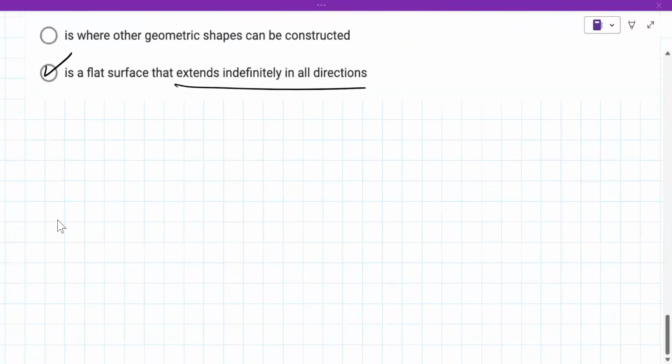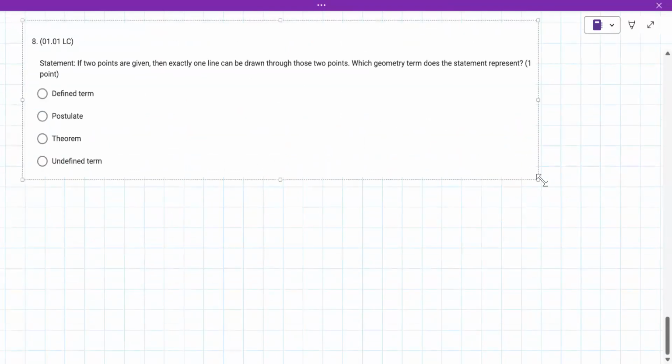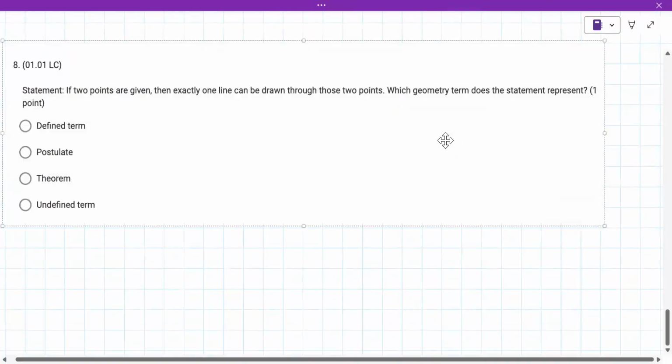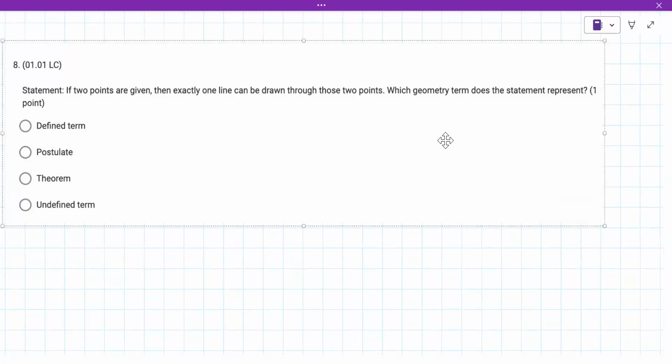This is more what I expected the other day when we were doing a lesson. These are your more introductory questions. If 2 points are given, then exactly 1 line can be drawn through these 2 points. Which geometry statement does this represent?